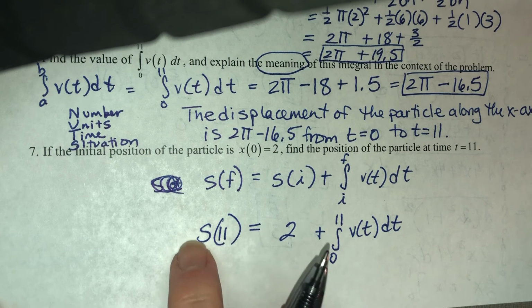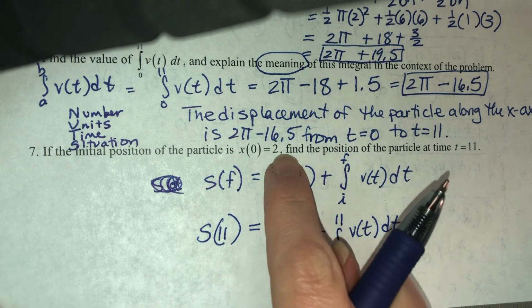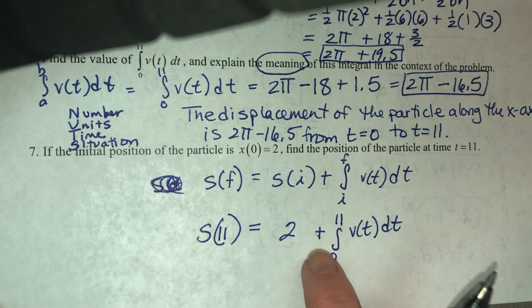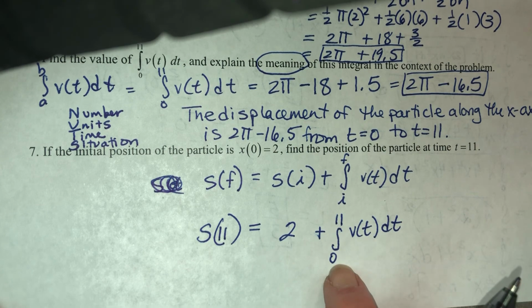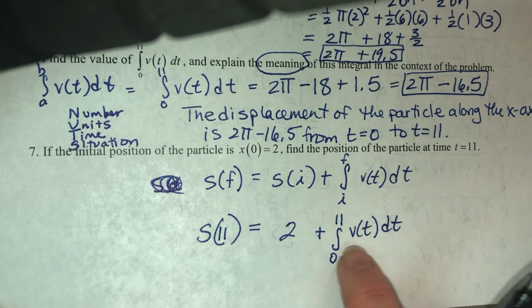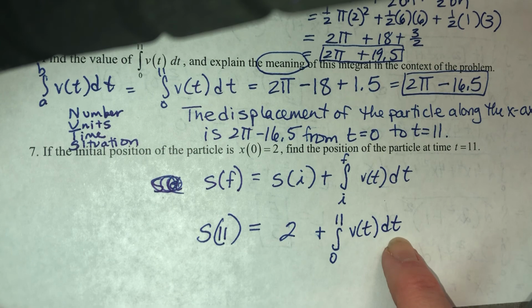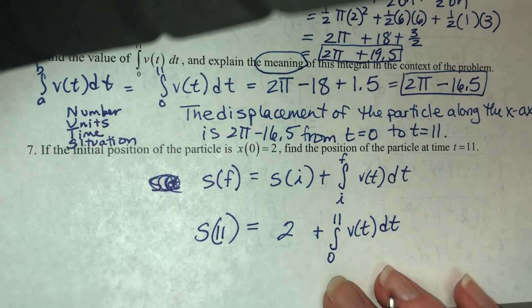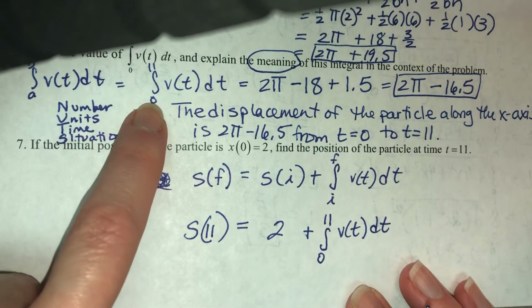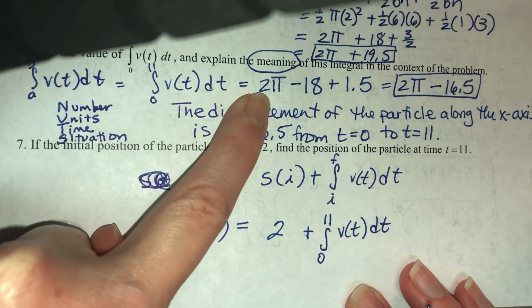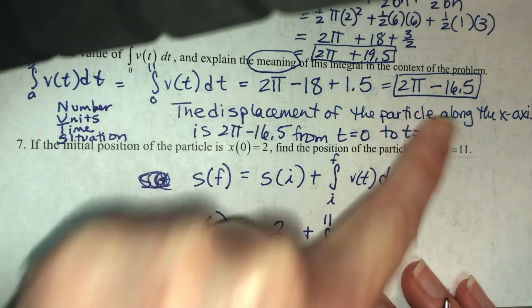Okay, so the position at time 11 is equal to the starting position 2 plus the integral from the initial time 0 to the final time 11 of the velocity function, which is our graph. So we've already found this integral. The integral from 0 to 11 of v of t dt was 2 pi minus 16.5.